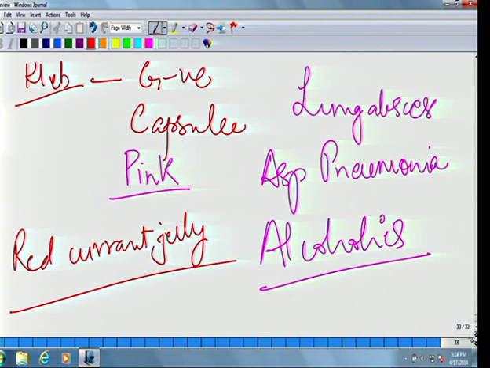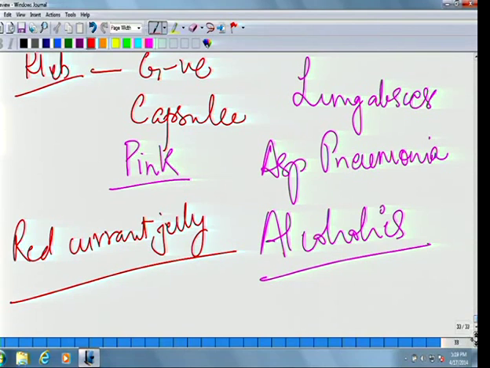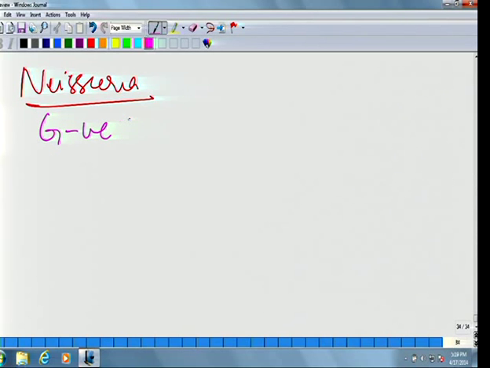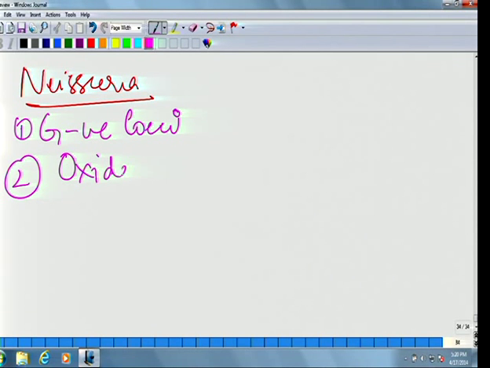Okay, then we have another very important bacteria, that is Neisseria. What is it? Gram-negative cocci, diplococci, oxidase positive.